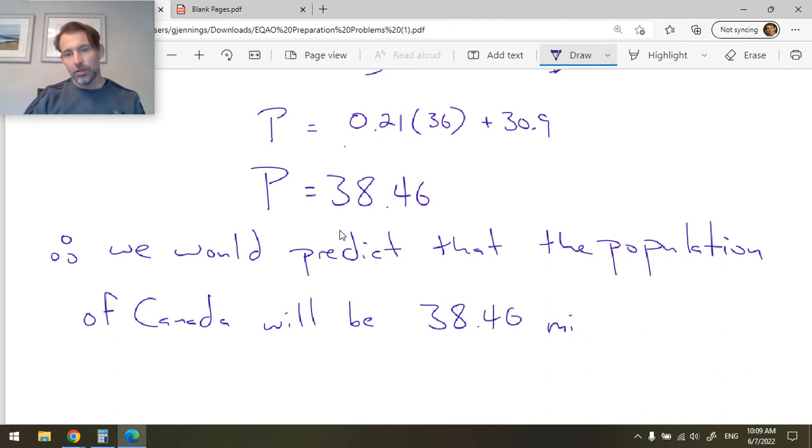Always check your answer and make sure it makes sense. People. And that kind of makes sense. It's low. I think it's going to be higher than that. It might already be higher than that.